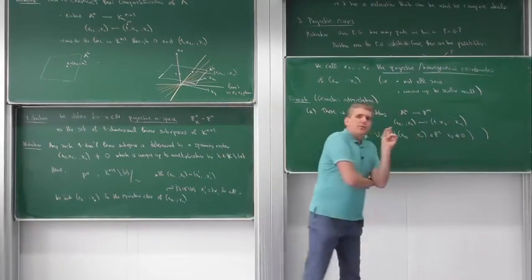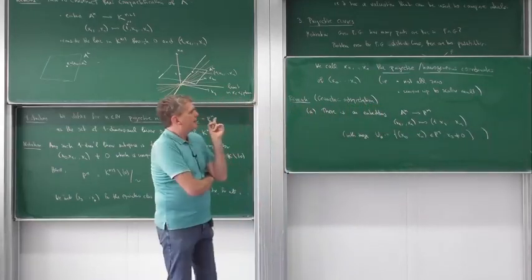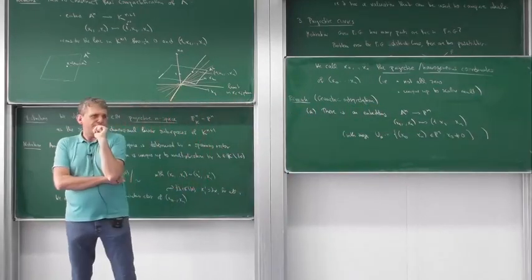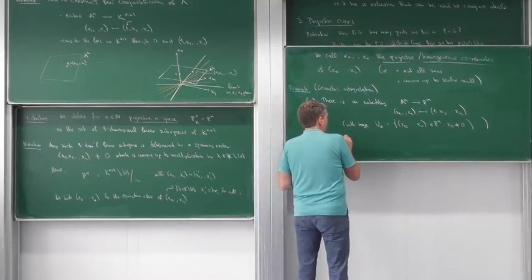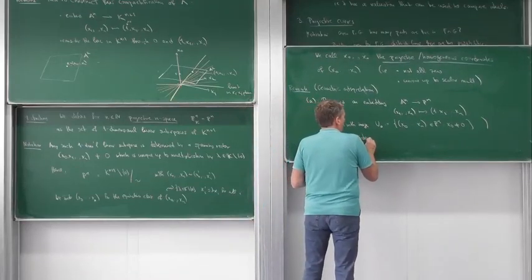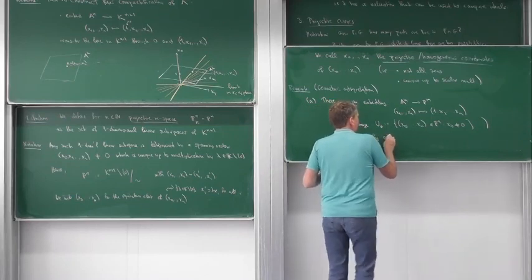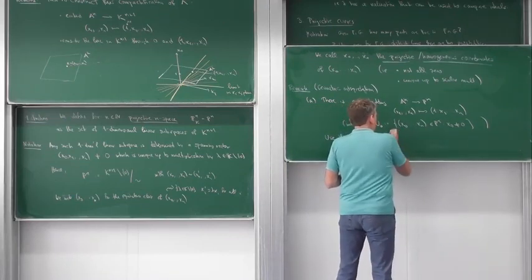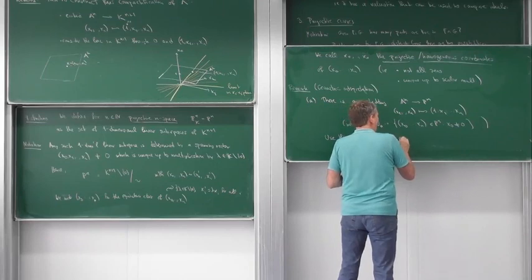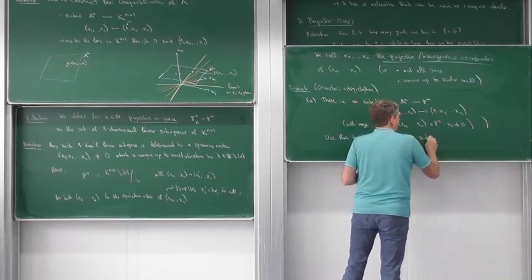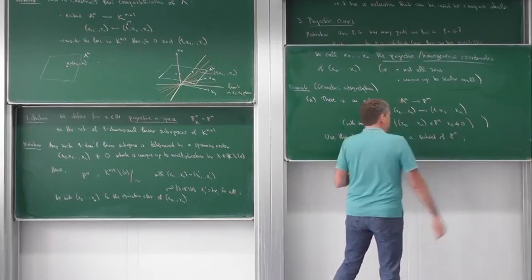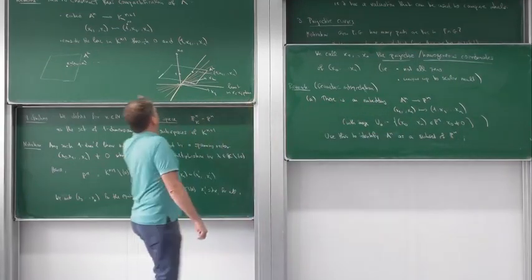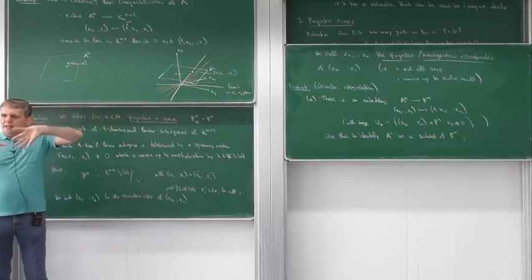And in fact, we often want to use this embedding to identify An as a subset of Pn. So, in the same way as we thought of it in here, it should be a compactification.